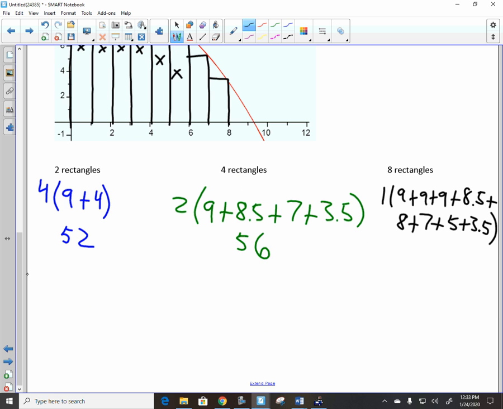So 8.5 and 3.5, that makes 12. And 14 makes 26. 16 makes 42. 17 makes 59. So yeah, you can see it seems to be kind of closing in.